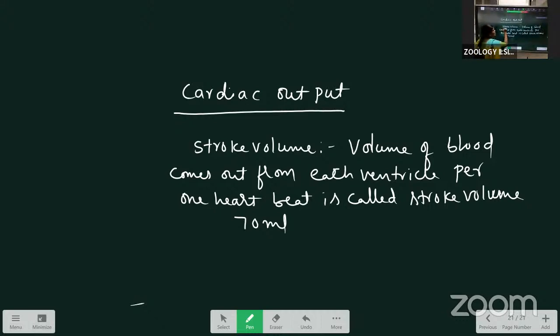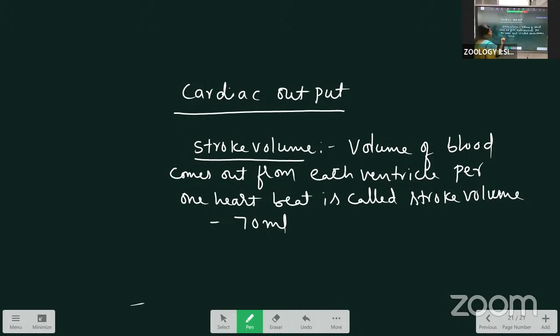Stroke volume is the volume of blood that comes out from each ventricle per one beat. It means in one systole and diastole time, how much volume of blood comes out is called stroke volume. What about the cardiac output?